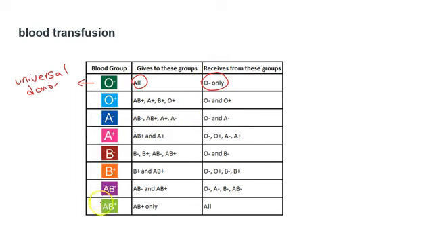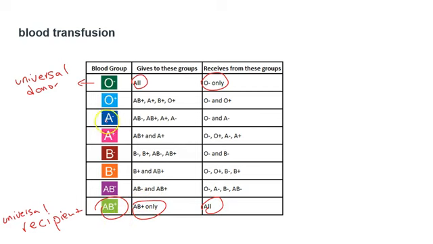And AB positive is the universal recipient. It means AB positive can receive from all, but they can only donate to AB positive.